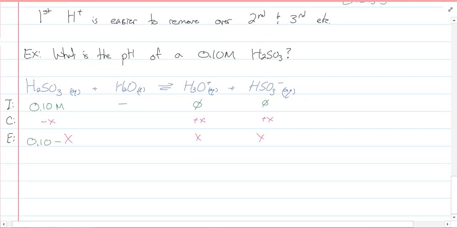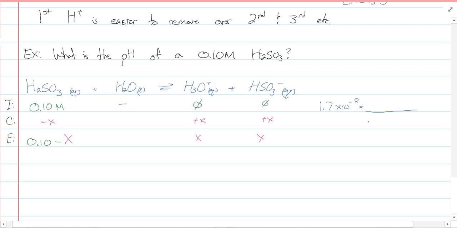And so 1.7 times 10 to the minus 2 equals X squared over 0.1 minus X.